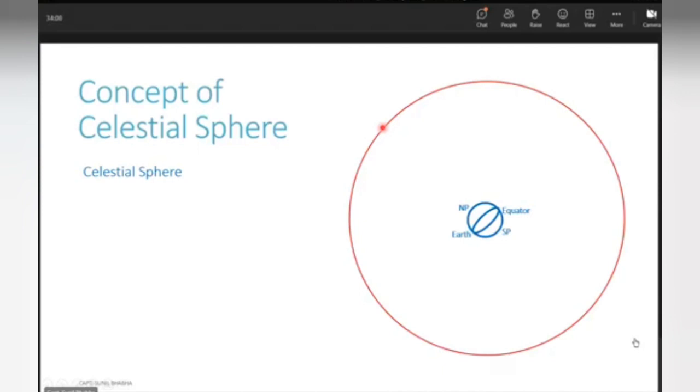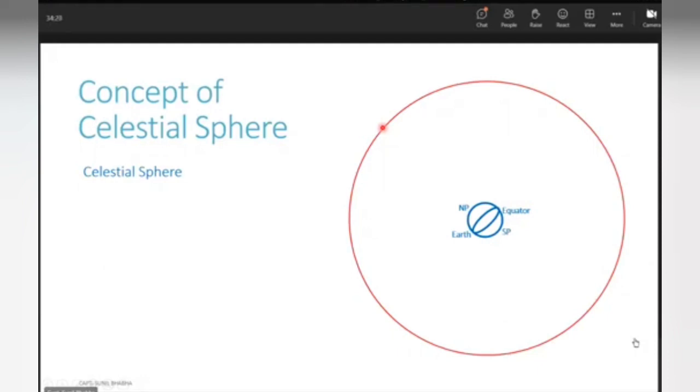So involving the celestial bodies: the sun, the stars, the planets, and the moon. All these different celestial bodies, we have the sun, we have the moon, we have various stars, and we have four planets which are used for celestial navigation.